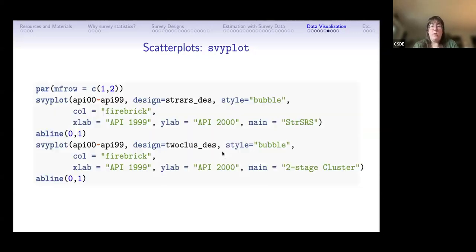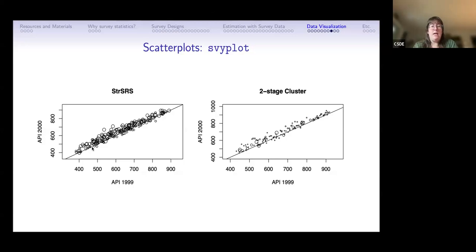And so here, when I say bubble, it's going to make the size of each dot weighted according to the sampling scheme. So here on this side, remember we have 3 strata. We have elementary, middle, and high school. There's only going to be 3 different sizes of bubbles. Here, when we have this 2-stage cluster design, we clustered by district and then schools. And so every district and every school within every district is going to have a different size bubble, as you see here.